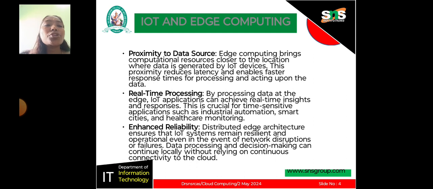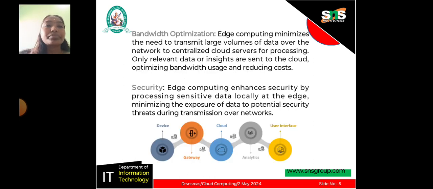This is very crucial for time-sensitive applications such as industrial automation, smart cities and healthcare monitoring. Enhanced reliability: distributed edge architecture ensures that IoT systems remain resilient and operational even in the event of network disruptions or failures. Data processing and decision making can continue locally without relying on continuous connectivity to the cloud.